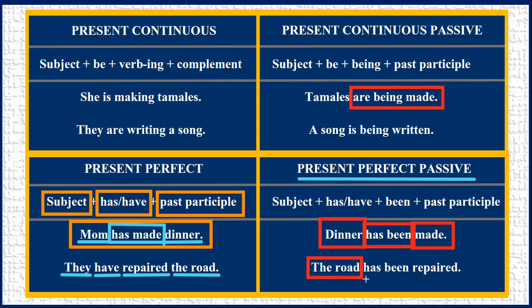Is the road the doer of the action? No, it's not the creator of the action. It's not the performer of the action. It's the receiver, right? But in this case, because we don't know the doer, the road, yes.